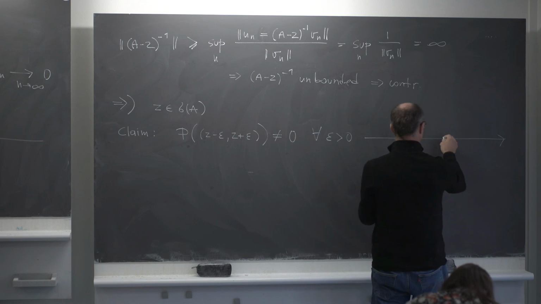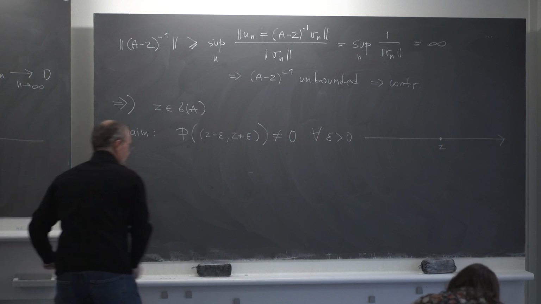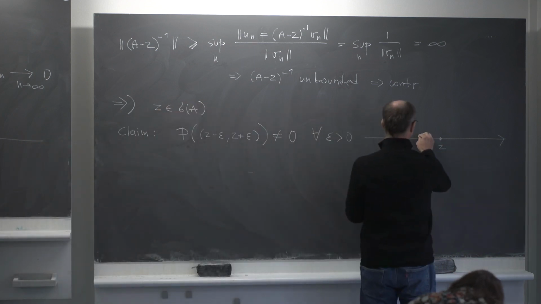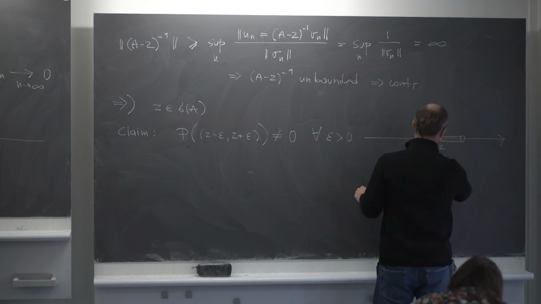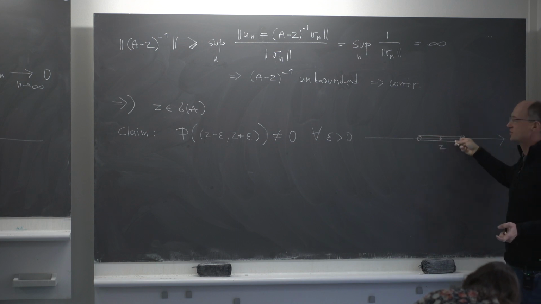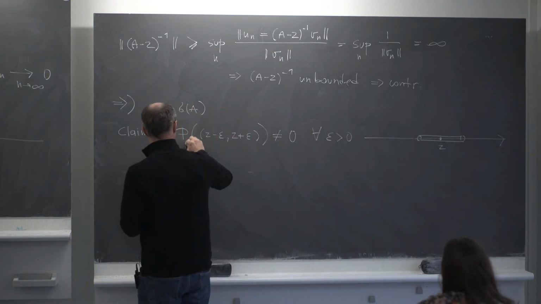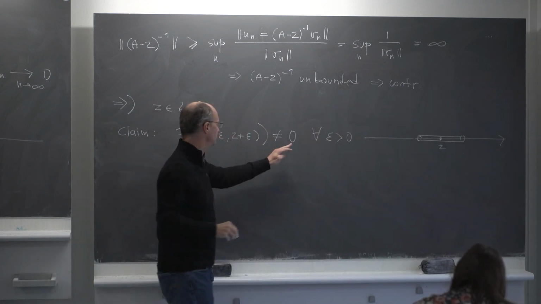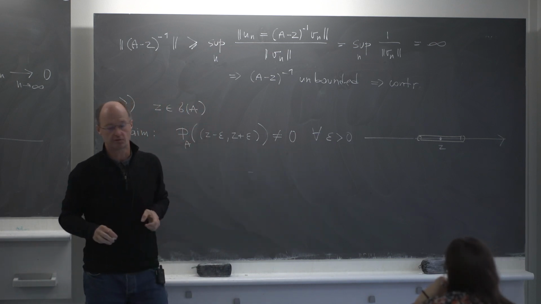So this is my real axis. That's the point Z, and I'm taking all those intervals around Z. Of course, to each measurable subset of the real line, I can associate the spectral projection. And I claim that all those spectral projections are non-zero.